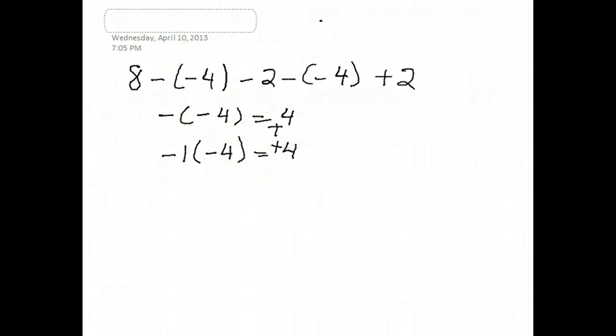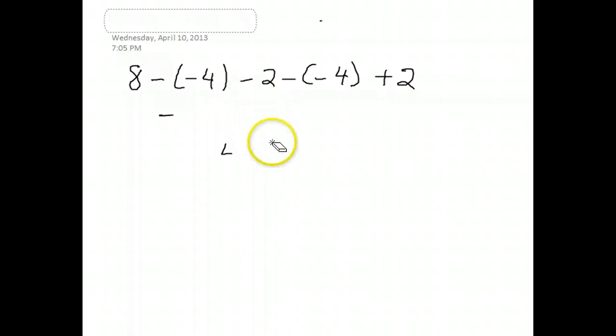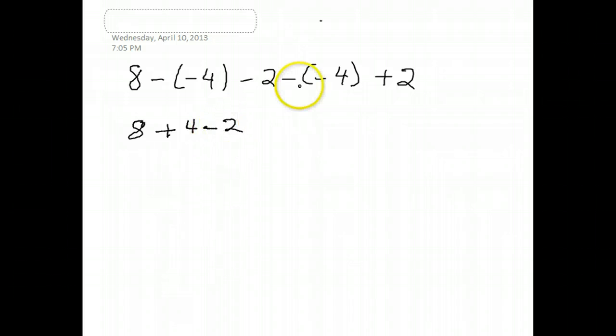Okay? So now, to compute this equation, wherever I have a negative outside the parentheses and a negative in front of the number inside, I'm going to change it to a positive. So 8 minus a negative 4 becomes 8 plus 4, minus 2 minus a negative 4 again becomes a plus 4, and then my last number is plus 2. Okay, so 8 plus 4 minus 2.